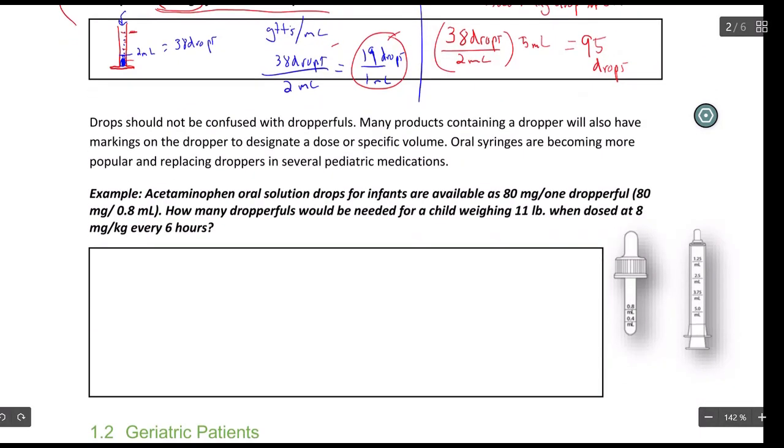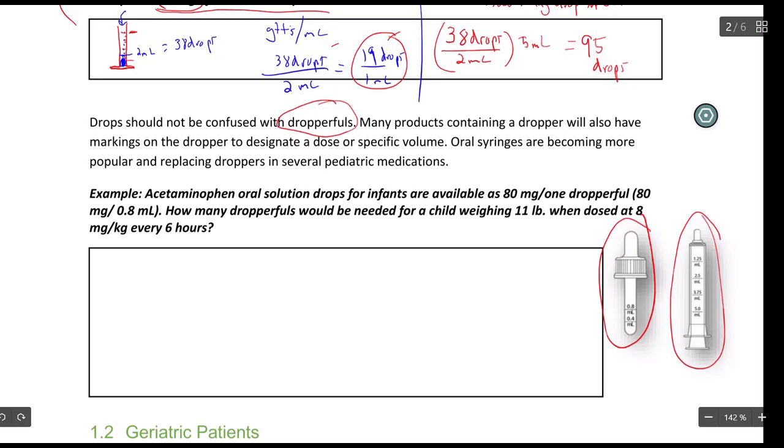Not to confuse things more, but there is something called dropper fulls. Many products that you'll see, especially some over-the-counter pediatric formulations, like the liquid pain medications and fever reducers like Tylenol, will sometimes come with a dropper, and sometimes with oral syringes that look like this.